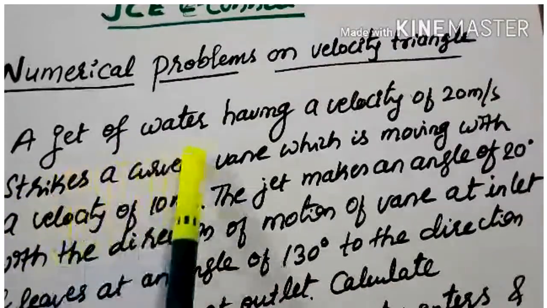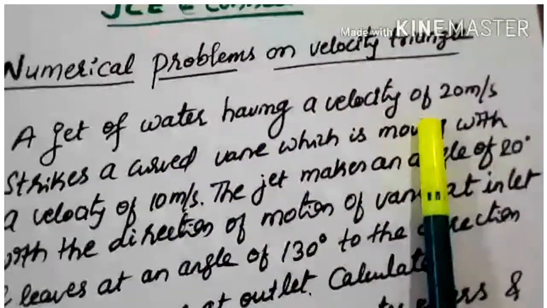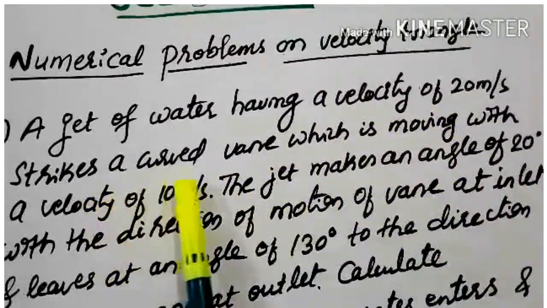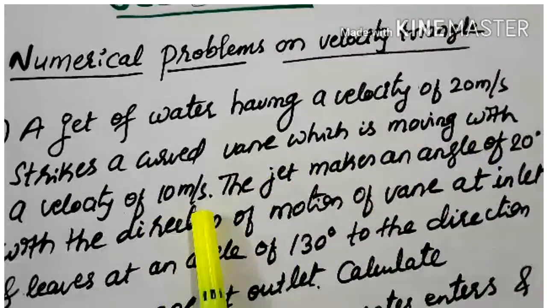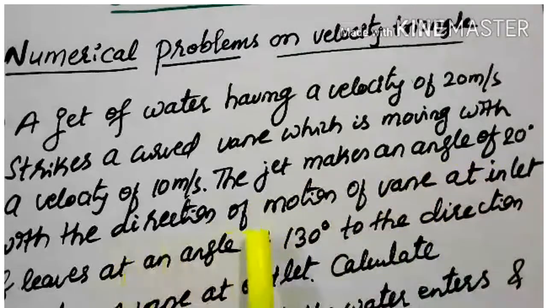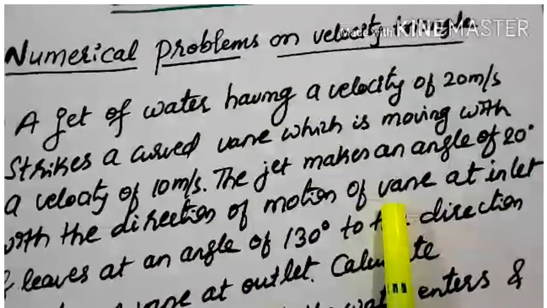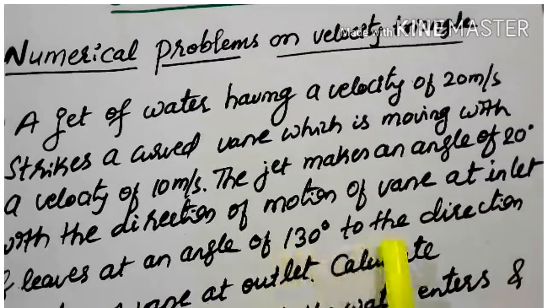A jet of water having a velocity of 20 meter per second strikes a curved vane which is moving with a velocity of 10 meter per second. The jet makes an angle of 20 degrees with the direction of motion of the vane at inlet and leaves at an angle of 130 degrees to the direction of motion of the vane at outlet.